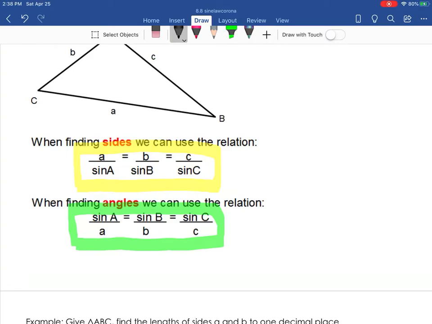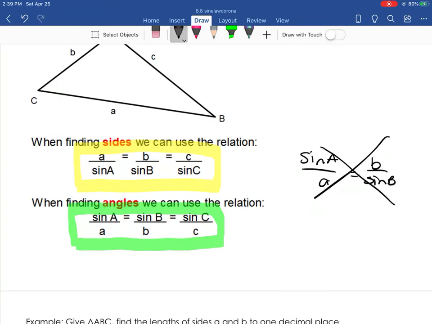So you can see it's either side a over sine A, side b over sine of angle B, and side c over sine of angle C, or the sine is in the top: sine of angle A over side a, sine of angle B over side b, sine of angle C over side c.